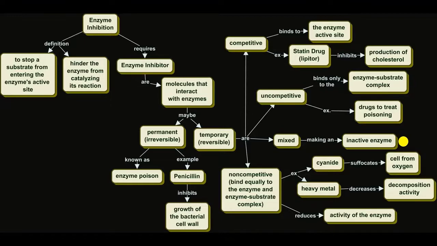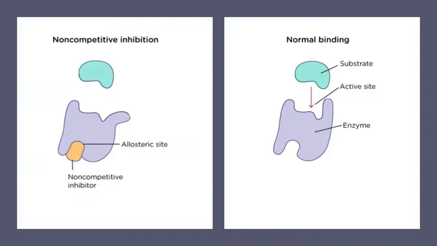The next type is the non-competitive enzyme inhibition. This binds equally to the enzyme and enzyme substrate complex. It is called non-competitive inhibition because it does not compete with the substrate for the enzyme active site, but rather the inhibitor attaches to the enzyme allosteric site.